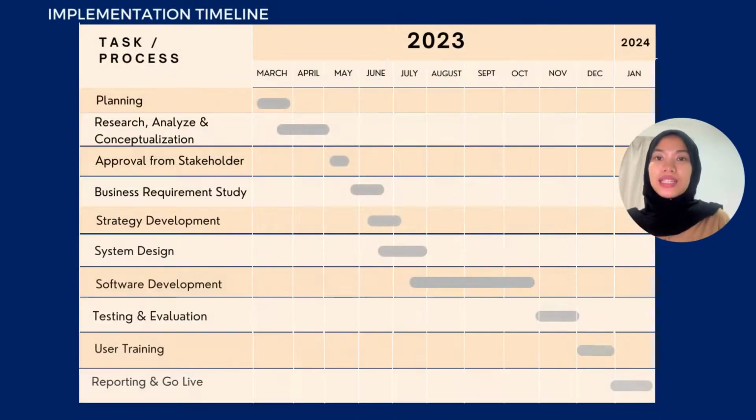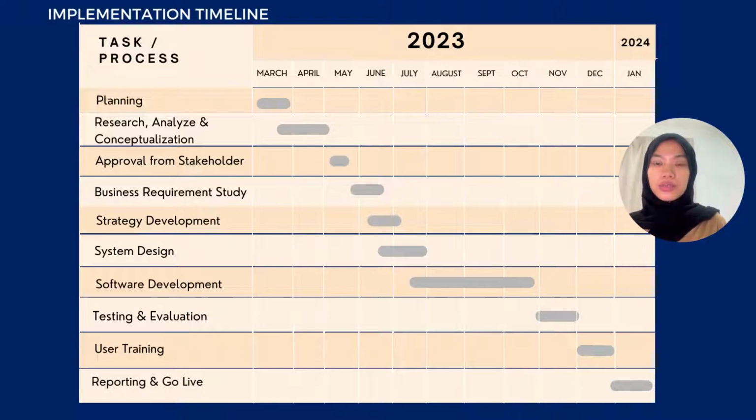Moving to the next slide, we'll explain the implementation timeline. As you can see, there are 10 tasks. Planning will be held in March. Next, research, analysis, and conceptualization will run from April to the 1st of May.